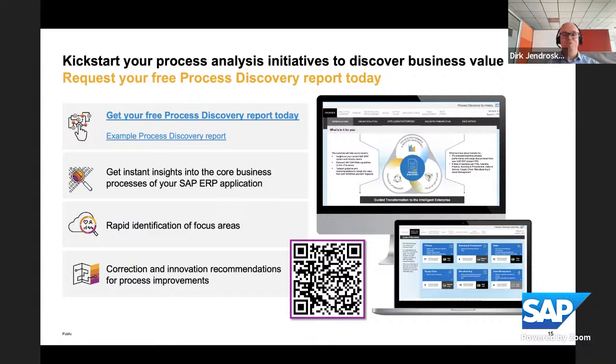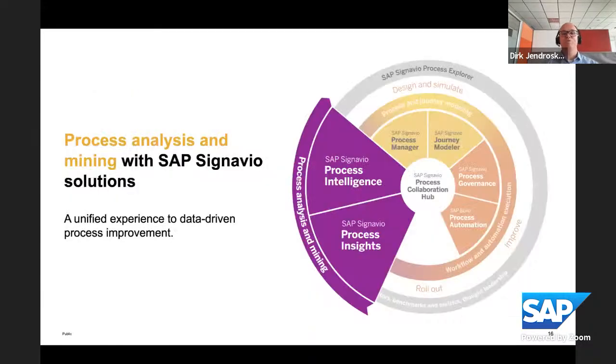If you've looked into Process Insights, I would also have one more recommendation for you. Don't stop with Process Insights, because SAP Signavio does have another great product, and this is Process Intelligence. Process Intelligence is the other process analysis and mining product that we have in our scope.